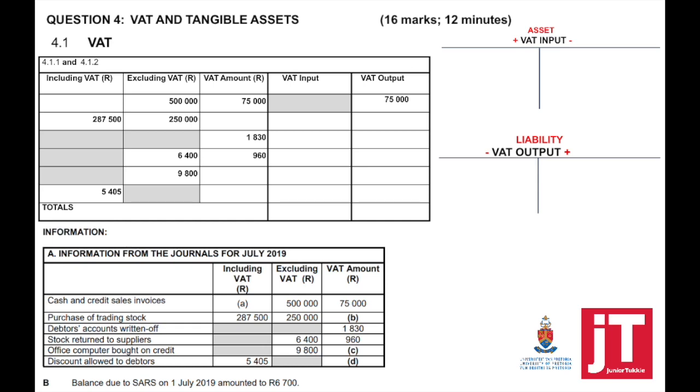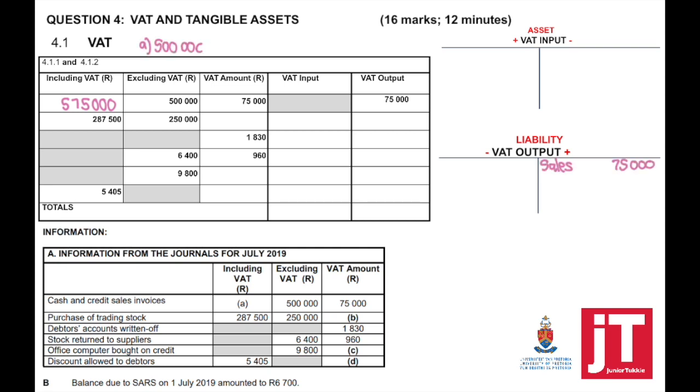Starting now with the first one, cash and credit sales invoices. To find the amount including VAT, because they provided us with excluding VAT and the VAT amount, we can simply add those two together.